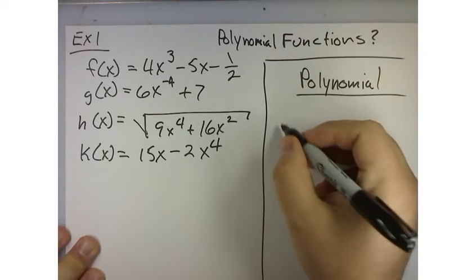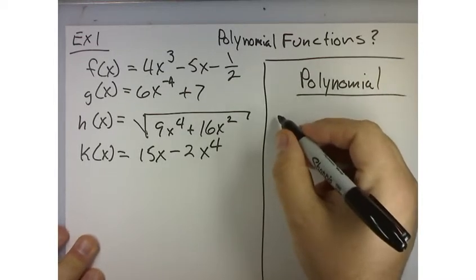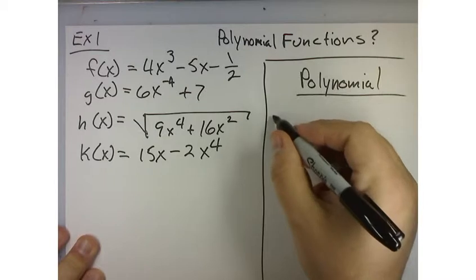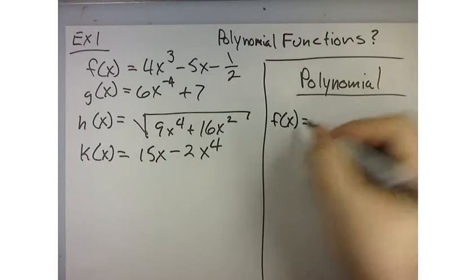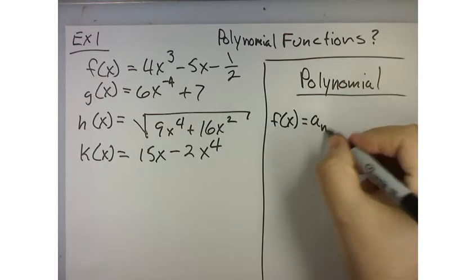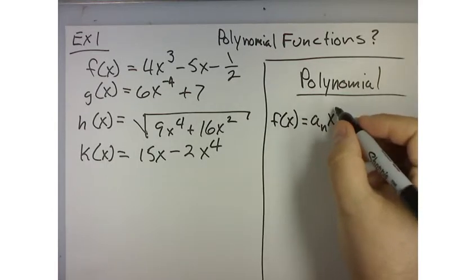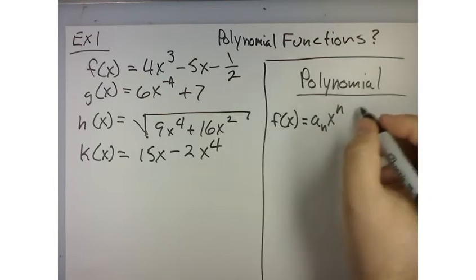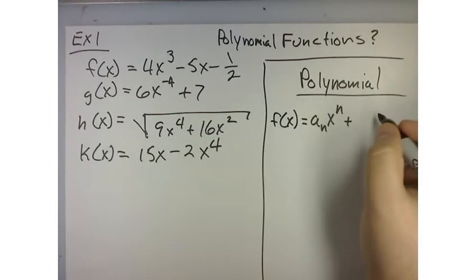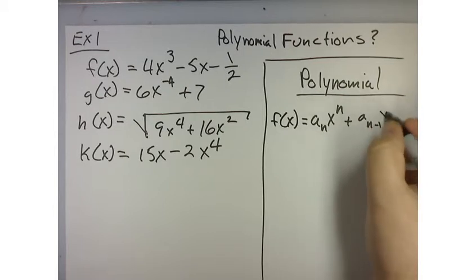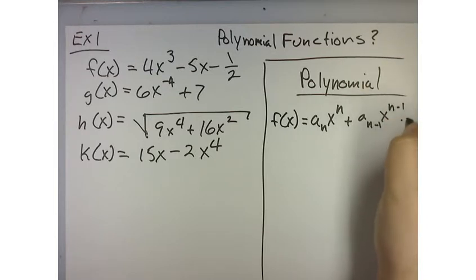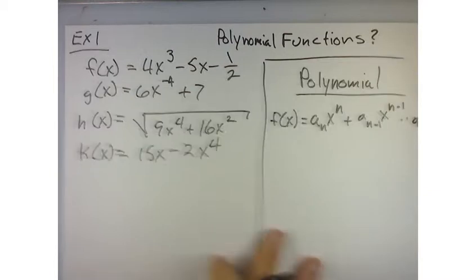And usually it takes on a form like this. F of x is equal to a sub n x raised to the nth power, and then a sub n minus 1 x raised to the n minus 1, dot dot dot, all the way down to the last term, a sub 0.